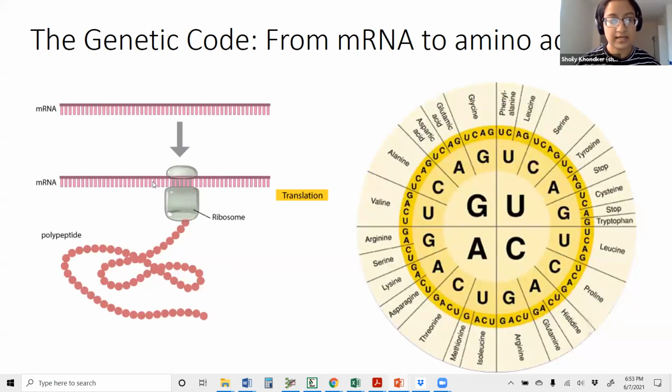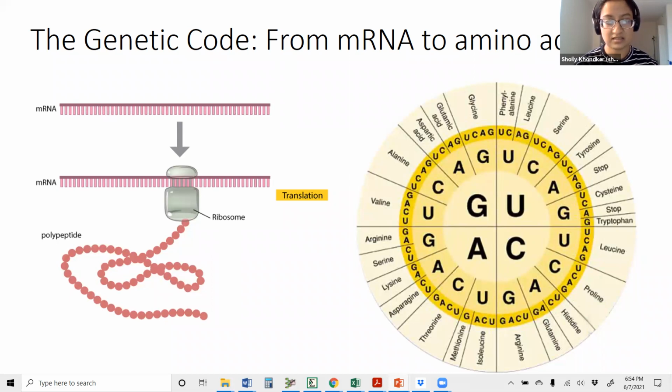So this is carried out in the ribosome, and here the tRNA or transfer RNA is used to recognize the mRNA sequence, and from there it's translated into a sequence of amino acids or polypeptide. So the way that mRNA is read is through codons.